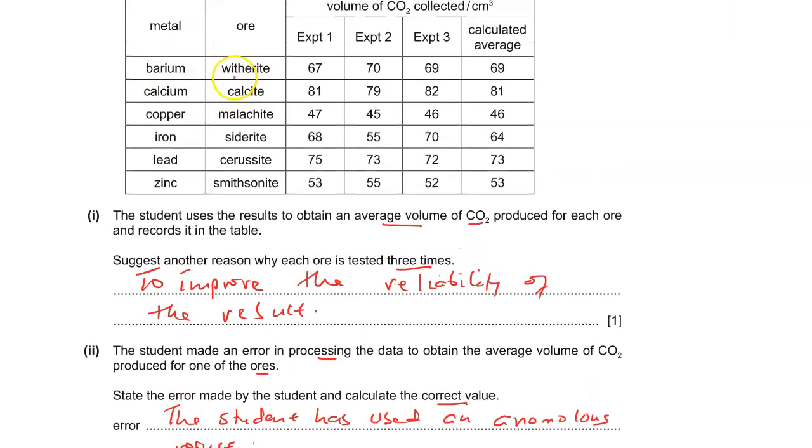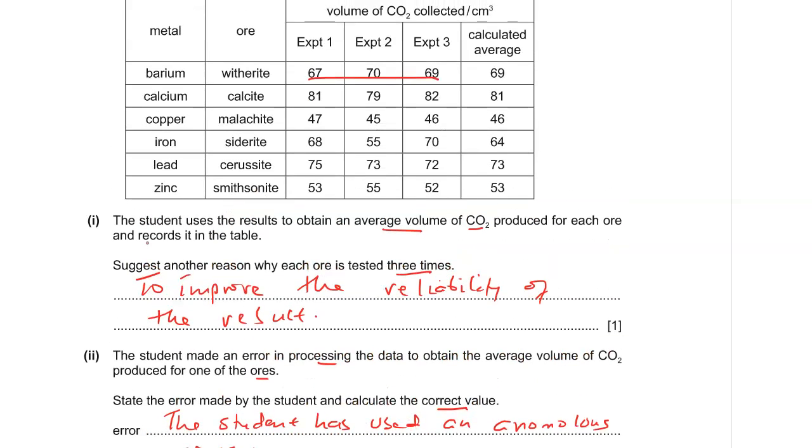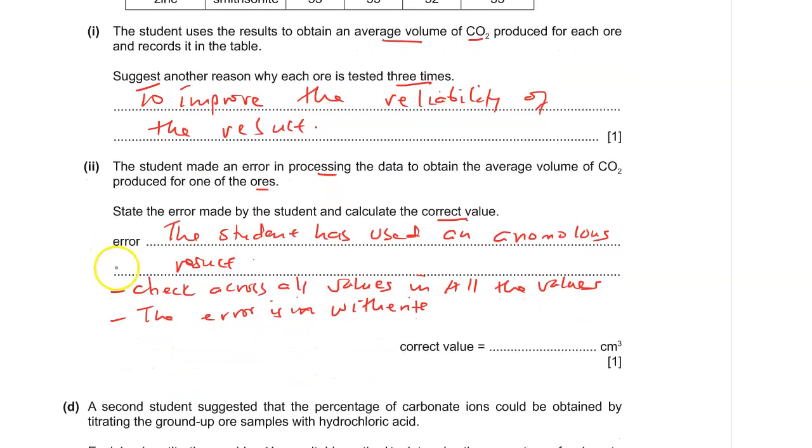This witherite here, the processing of this data, there was an error there. You notice that the calculated average is 69, and therefore if you multiply 69 times 3, this will give you 207.